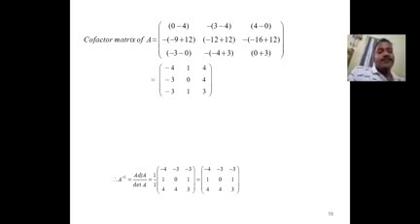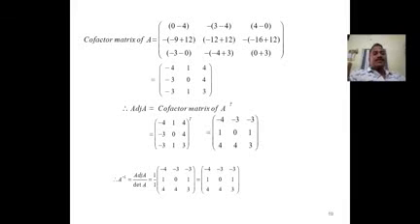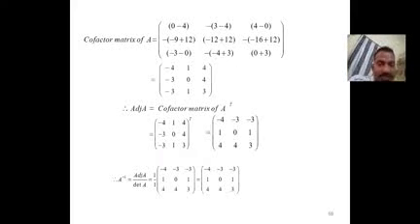Now the adjoint of A is its transpose, which gives minus 4 minus 4 minus 3, minus 3 1 0, 1 4 4, 4 4 3. Therefore A inverse is adjoint A by det A. We get the same matrix, so this matrix is self-inverse, self-adjoint.